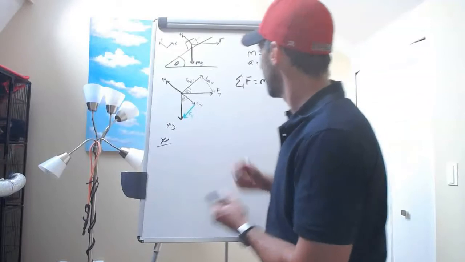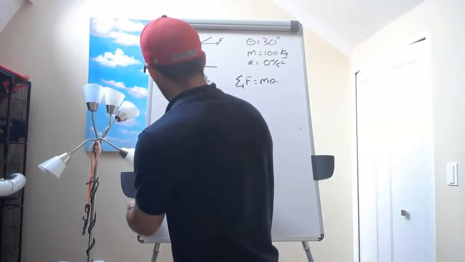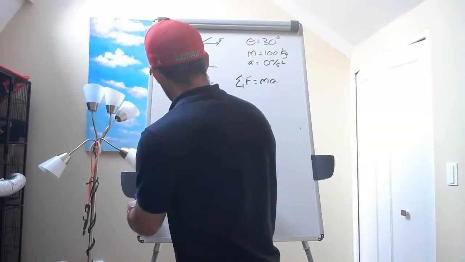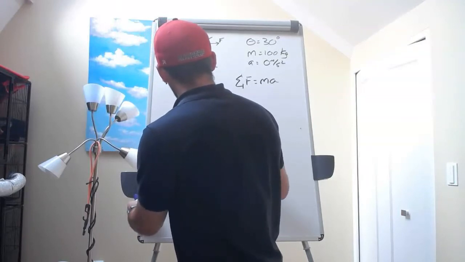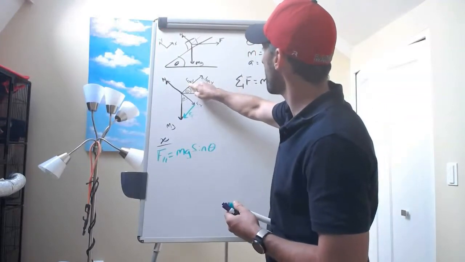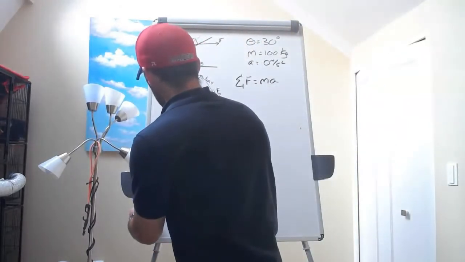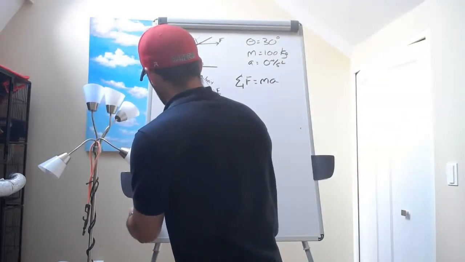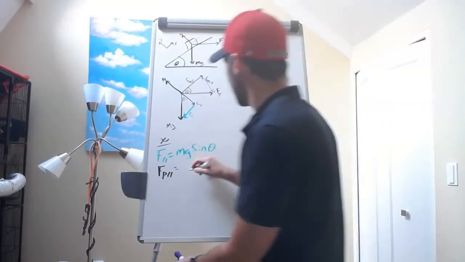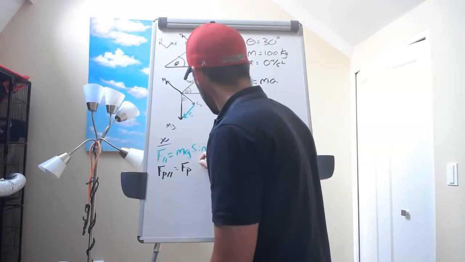So, F parallel is equal to mg sine theta. And this FP parallel looks like that's going to be F push cosine theta.